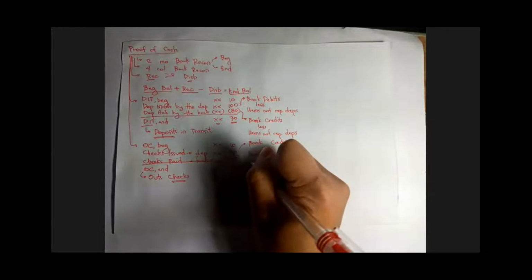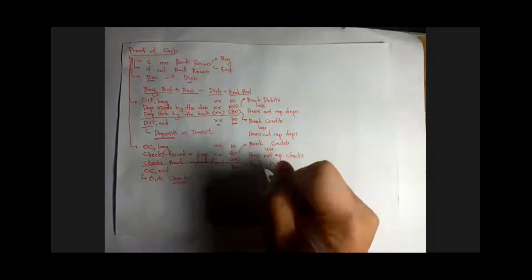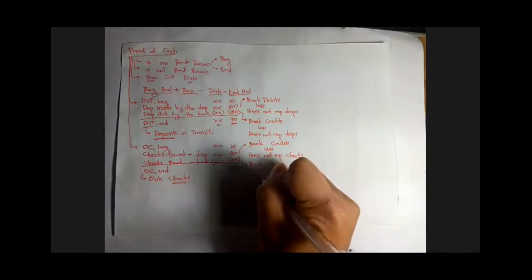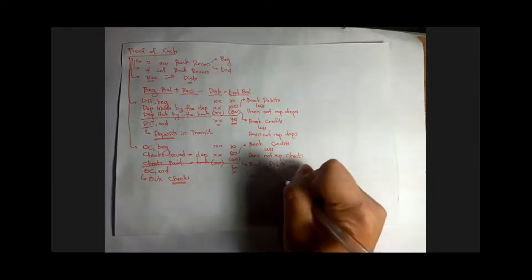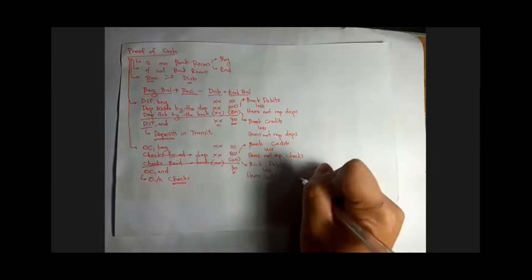And then checks paid by the bank are the bank debits less items not representing checks. Because once again, kapag OC or outstanding checks ang ating kino-compute, only items of checks are relevant here. All items not representing checks are irrelevant in our computation.